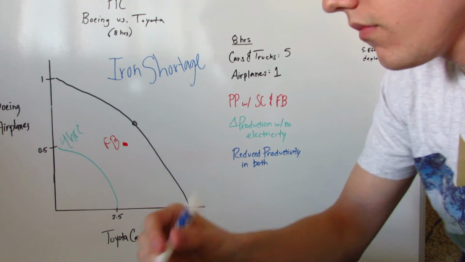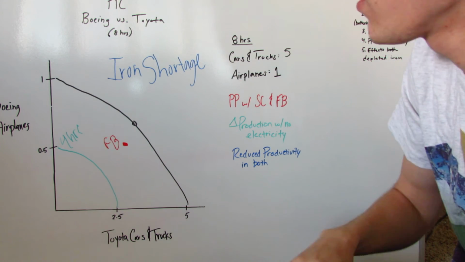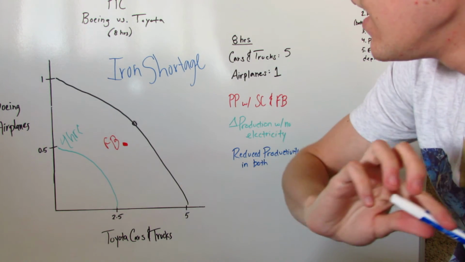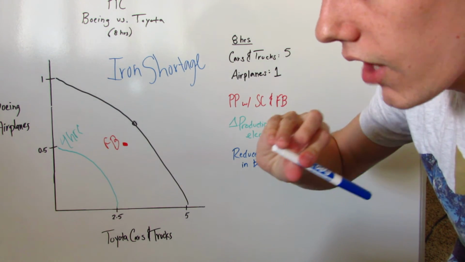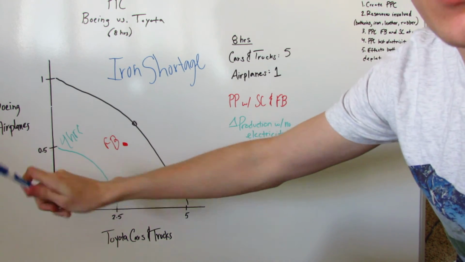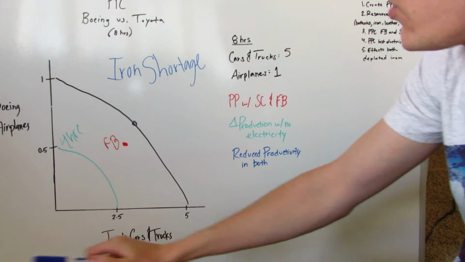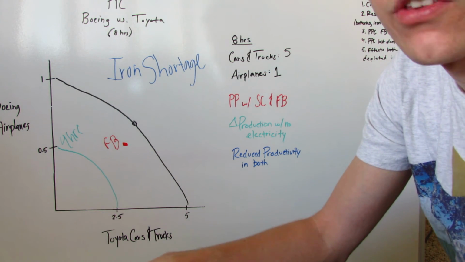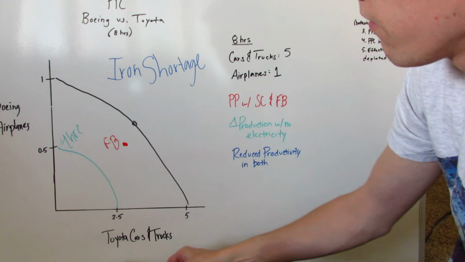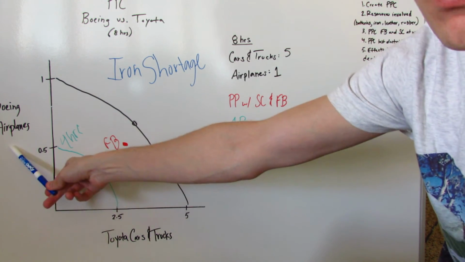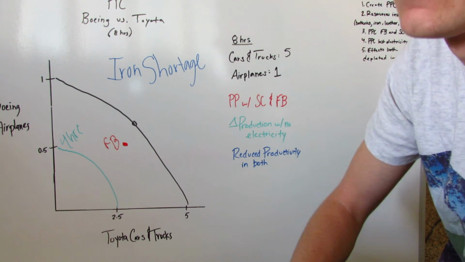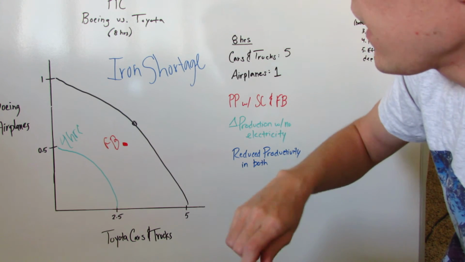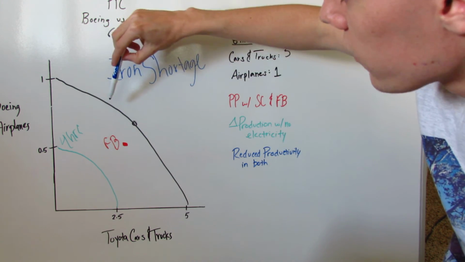Since we have a worldwide iron shortage, it is more costly to produce one Boeing airplane. It is more costly to produce a Toyota car or truck. It's harder to get the materials together. The materials are more costly. Whether or not we even want to use them for the same cars and trucks, the same airplanes, the same models, everything like that will change. And that will affect our production possibility curve.